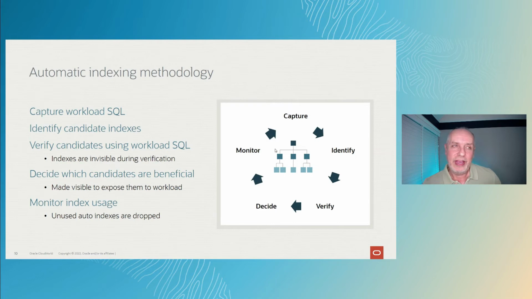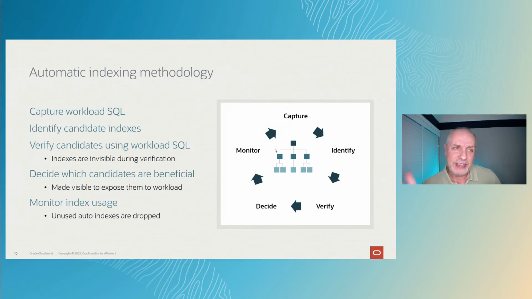Then next is the verification stage, where we verify whether those candidates are good or not. The way we do that is to test execute workload SQL statements. So we physically build the indexes. They remain hidden during this process so the workload doesn't see them. And then we can run our workload queries on them and work out whether performance has improved or not.